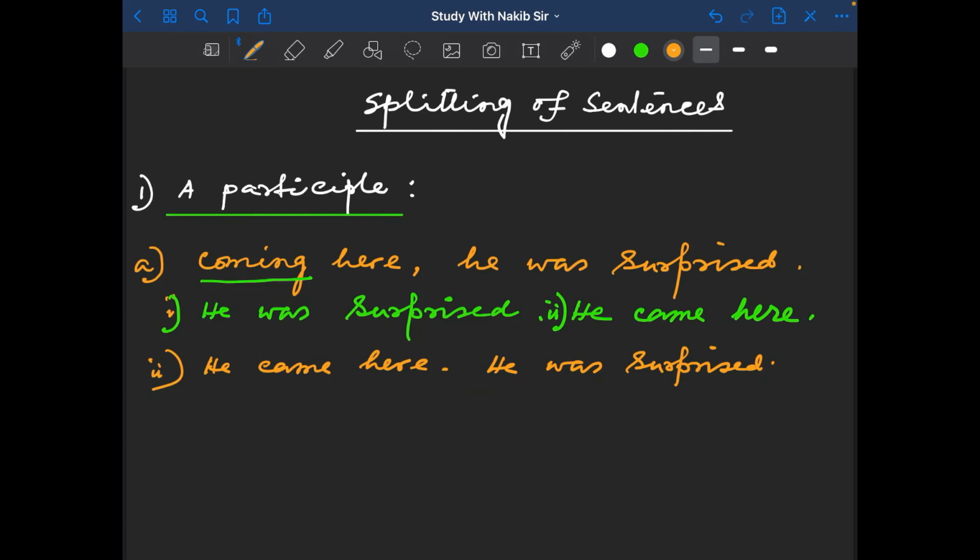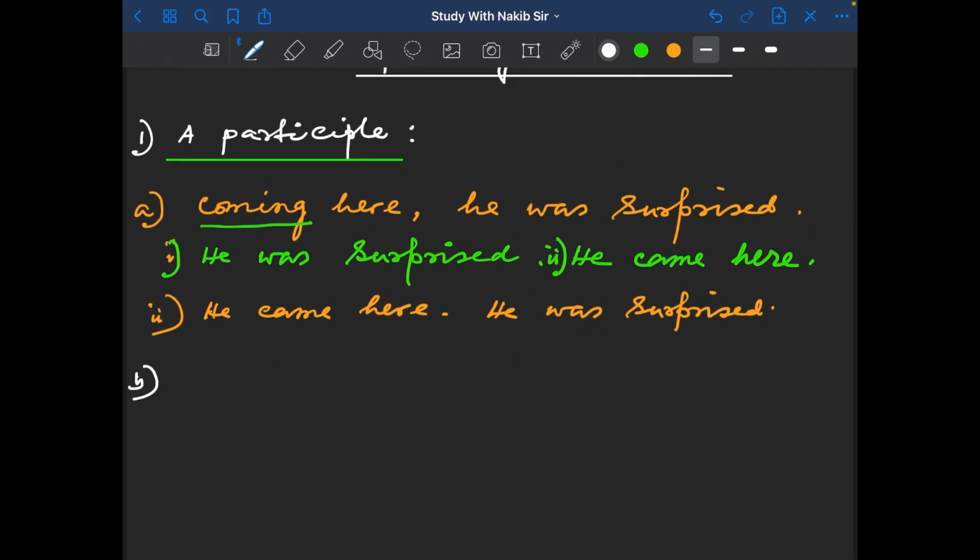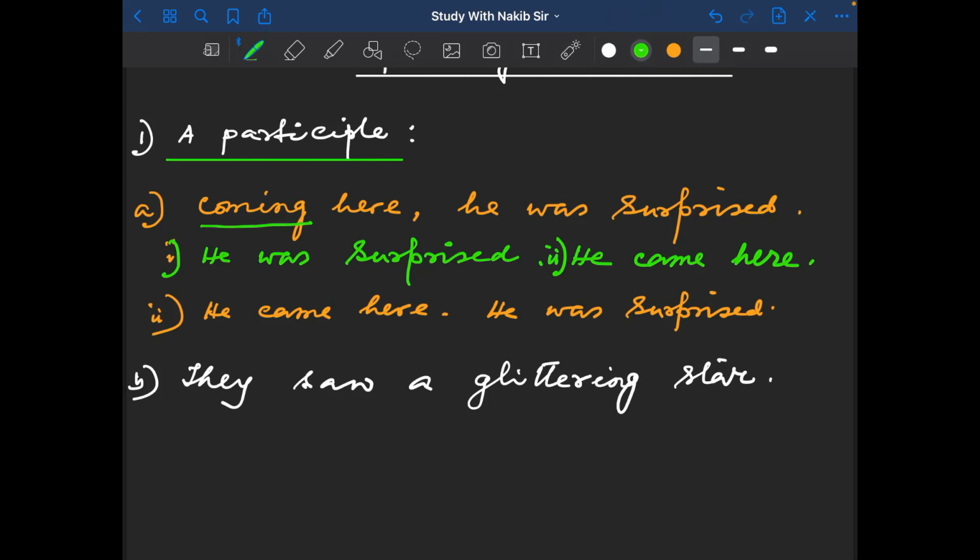Okay, now take another example, then your idea will be clear. Now B, they saw a glittering star. Glittering is a participle, and this participle is working here as an adjective of the noun star.